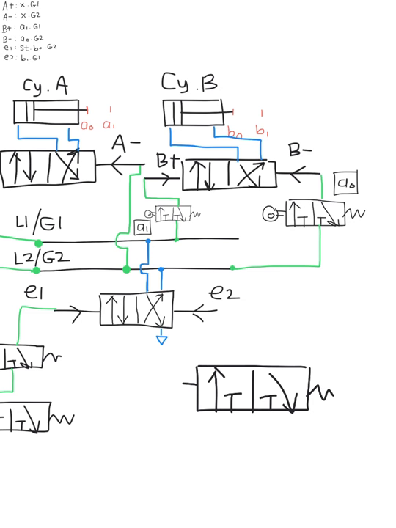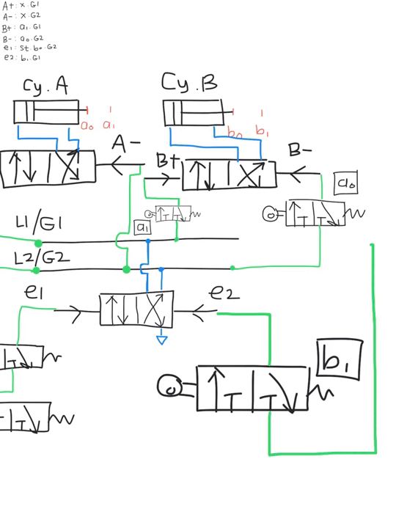So label it as B1, and the connection will be like this, to V1 and G1. Jump here, connect to G1, and put a dot.